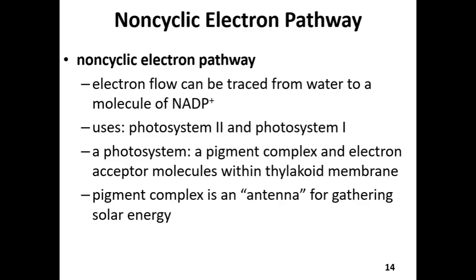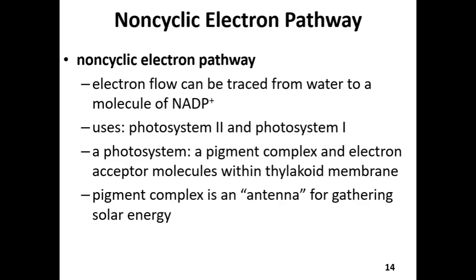This coenzyme is going to act like a taxi and pick up the hydrogen ions and electrons that are released from the water being broken down or oxidized when you release the oxygen, and carry those hydrogen ions and electrons to the Calvin cycle.